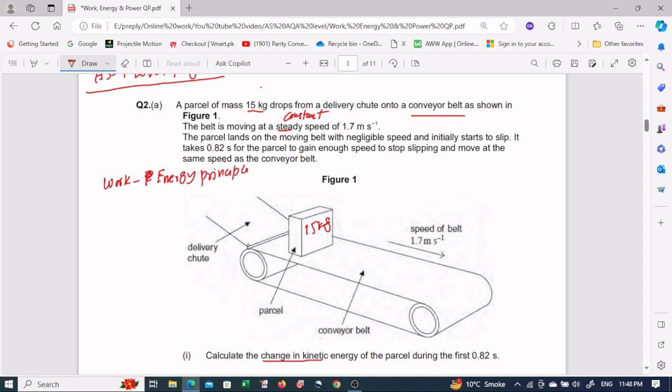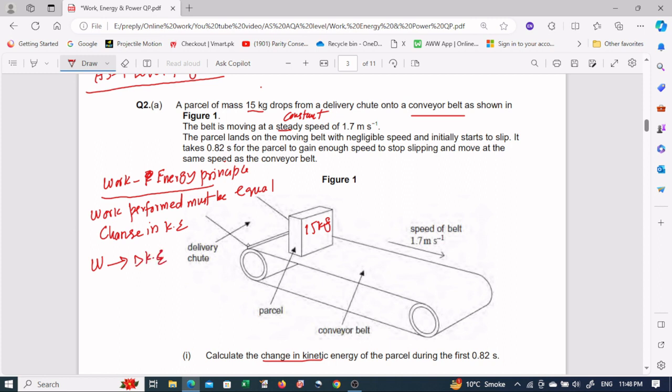According to this principle, when you perform work on any object, the work performed must be equal to the change in kinetic energy.